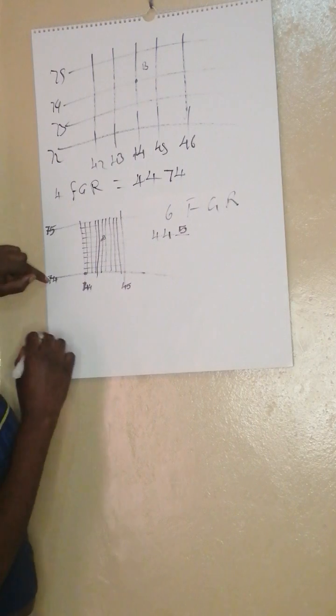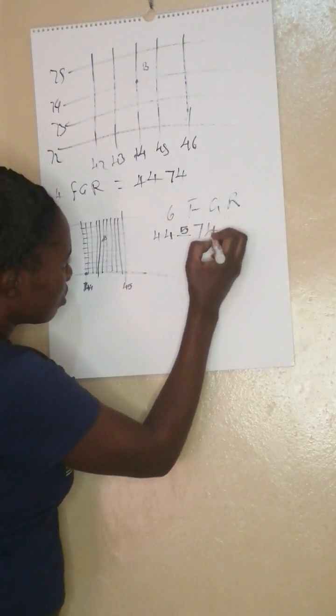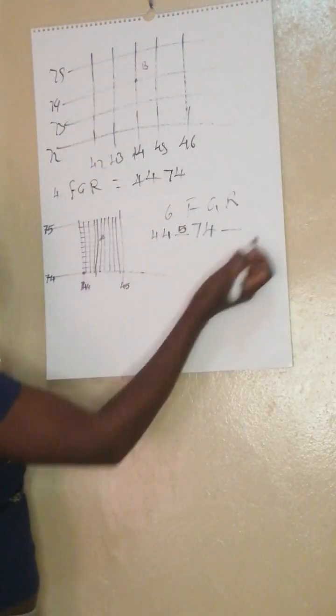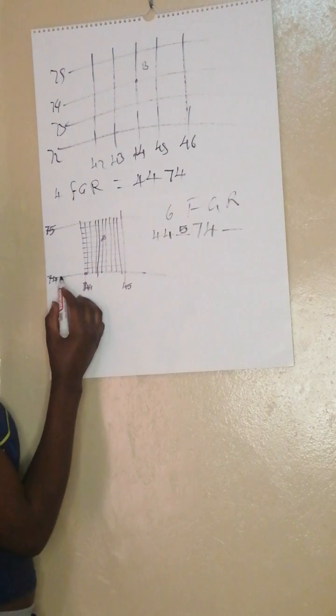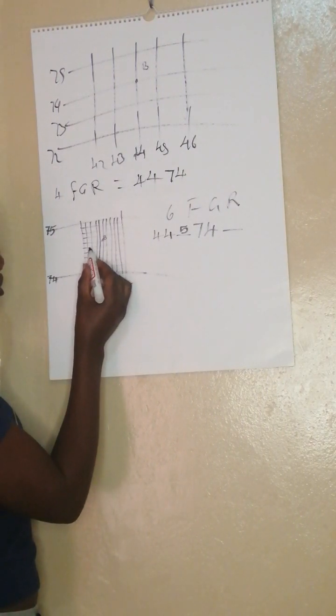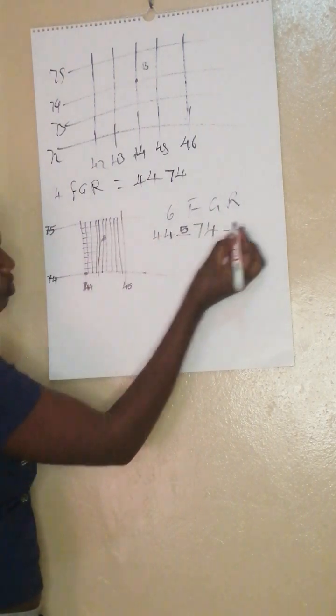Then get the northings, which is 74. Again, I need to get the 3rd number. From 74, I have 0.1, 0.2, 0.3, 0.4, 0.5, 0.6.